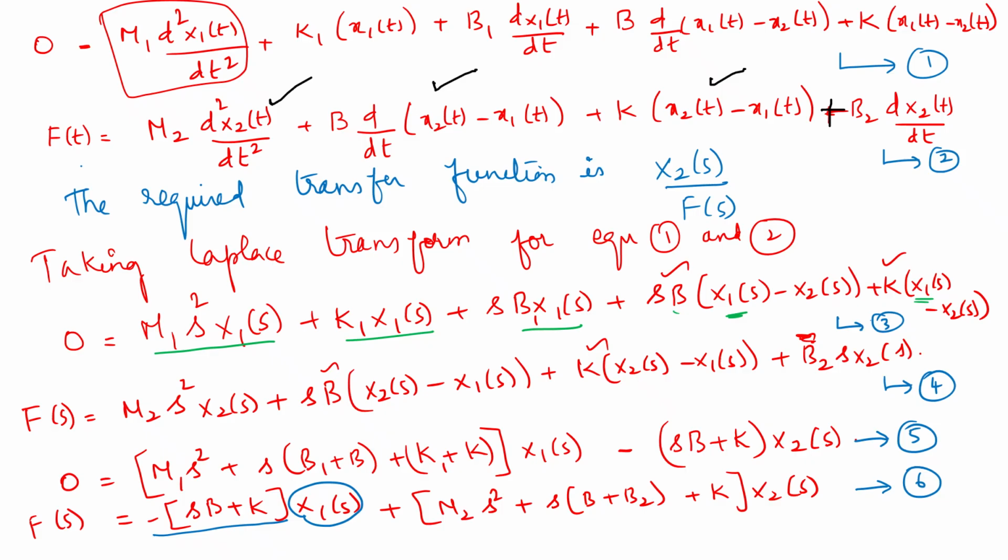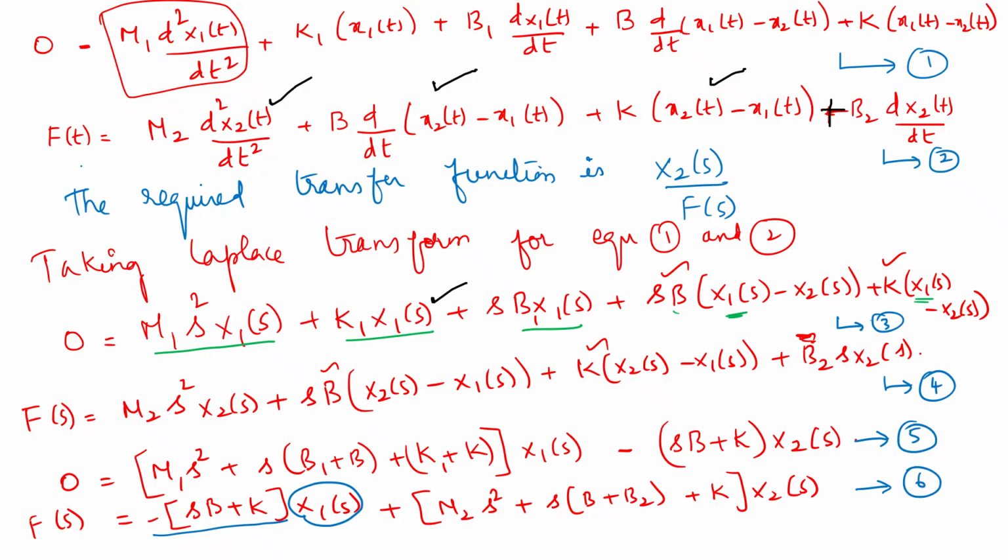So taking Laplace transformation, if you want to find the transfer function, for the first equation we get 0 is equal to m1 s squared x1 of s plus k1 x1 of s plus s into b1 x1 of s plus s into b times x1 of s minus x2 of s plus k into x1 of s minus x2 of s.